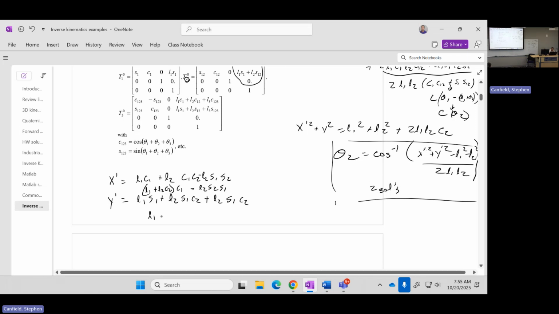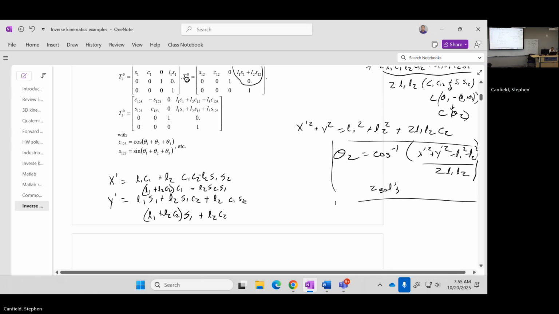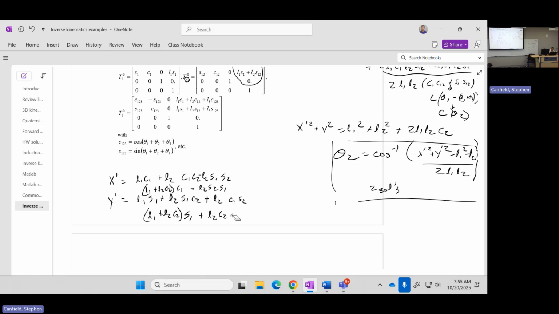This will give me an L1 plus L2 cosine theta 2, sine theta 1, and this will give me a plus L2 sine theta 2 cosine theta 1. I made a mistake here. Okay.